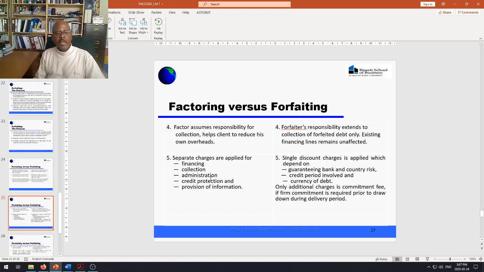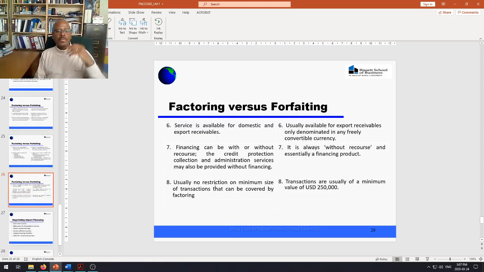Here is a list of the charges that apply for factoring versus the charges that apply for forfaiting. I'll just skip on from that. These slides are on Blackboard. You can take a look at the list as well.